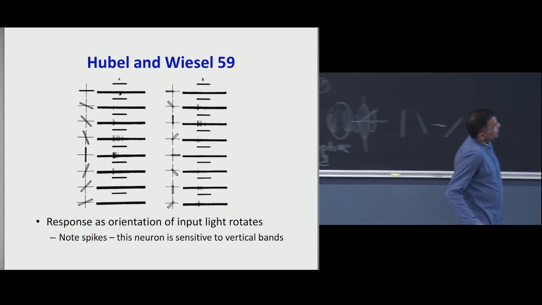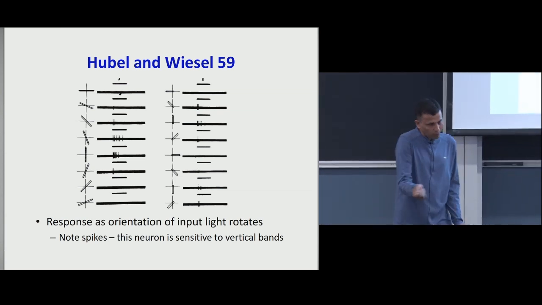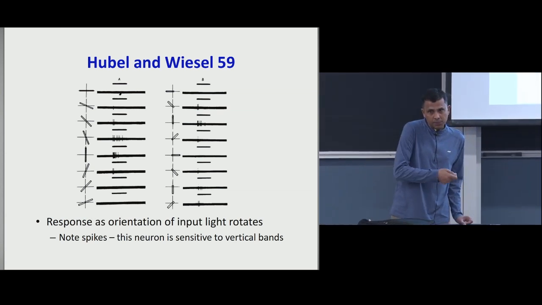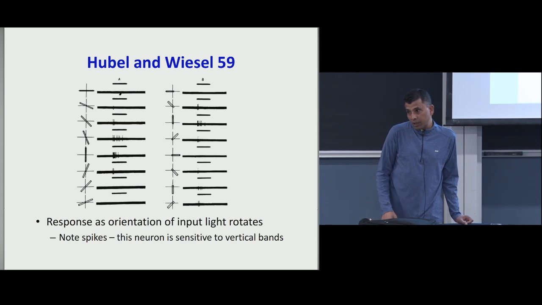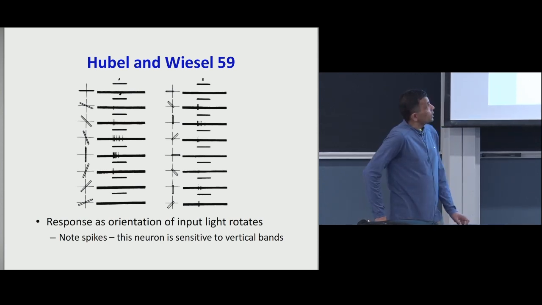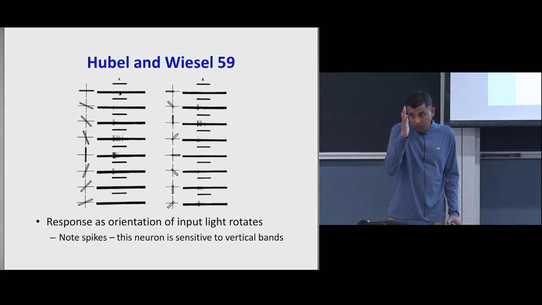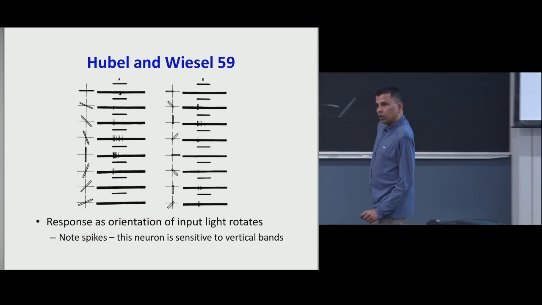In this case, on the left and right, they just show where the light is going across the entire receptive field. The second is where they're going over half the receptive field. And you can see that this is a particular neuron that responds best to vertical lines and not to horizontal lines.